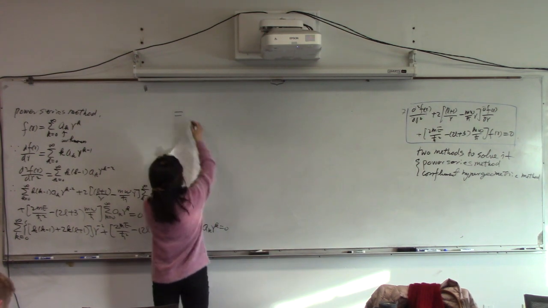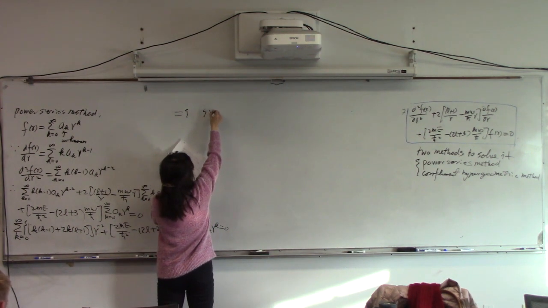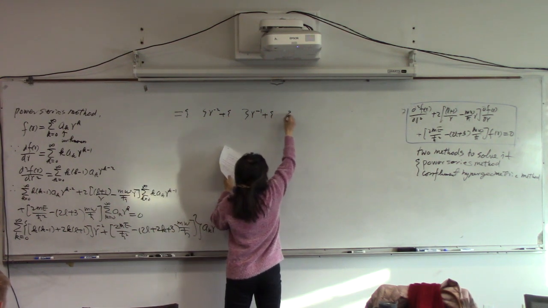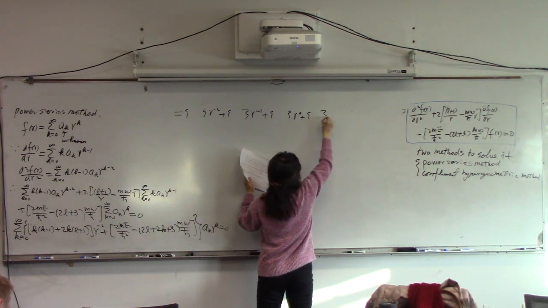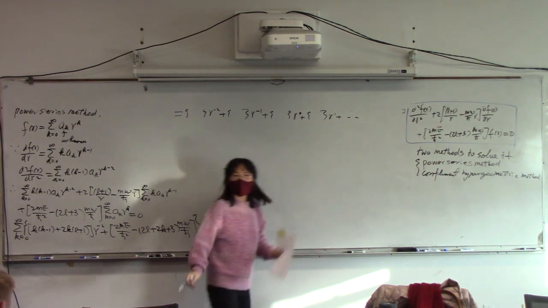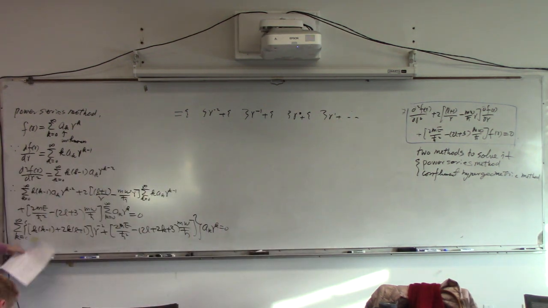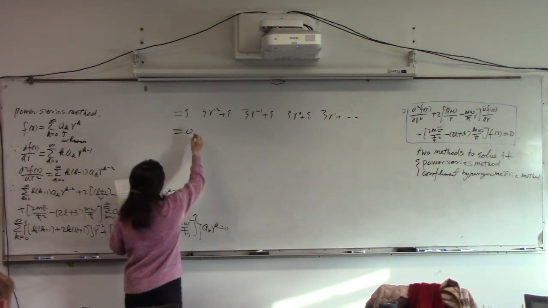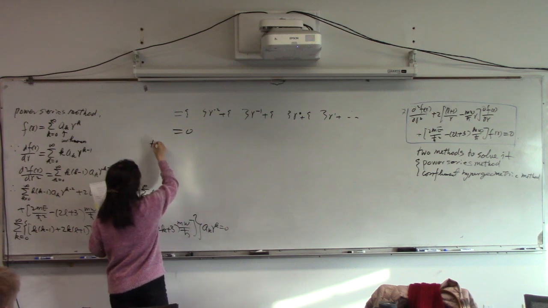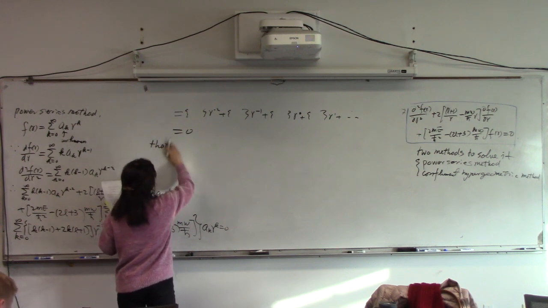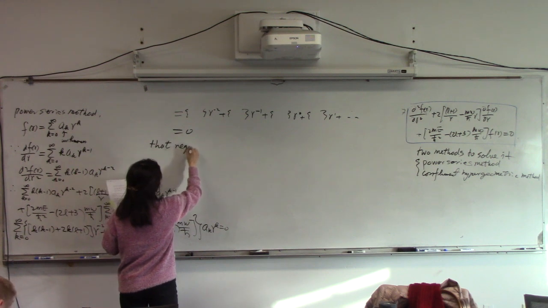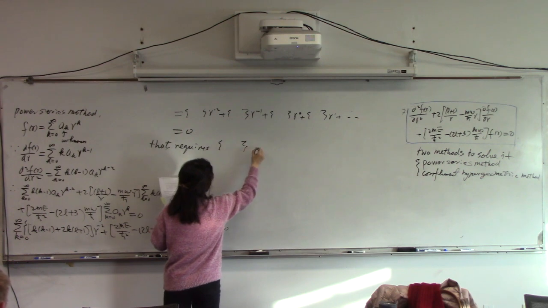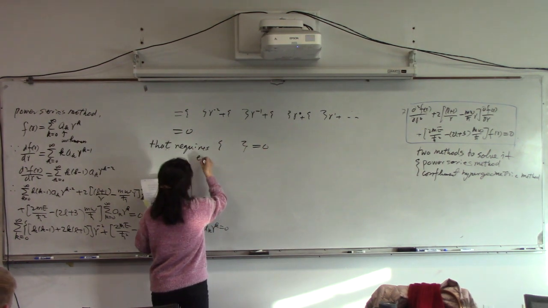So in principle like this, we have the sum of coefficients with r^(-2), plus the sum of terms with r^(-1), plus the sum of terms with r^0, and plus the sum of terms with r^1, and go down. So if we reorganize this series like this, and if that's equal to 0, that requires each coefficient to be 0 each.